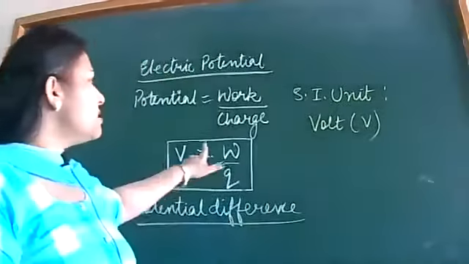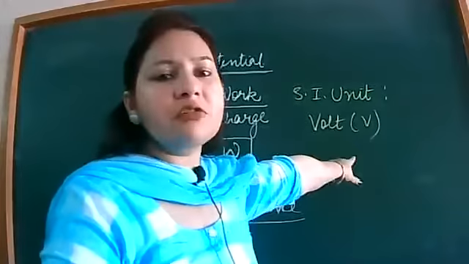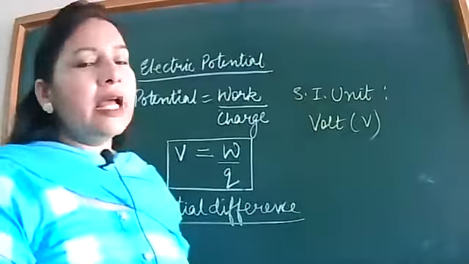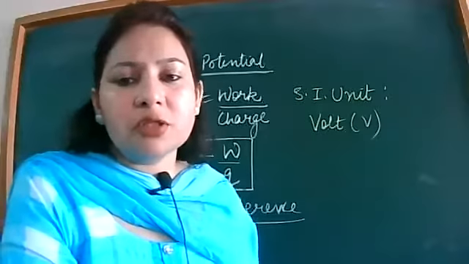So their symbol is also V and their unit is also V. V means volt. So the SI unit of electric potential is volt.